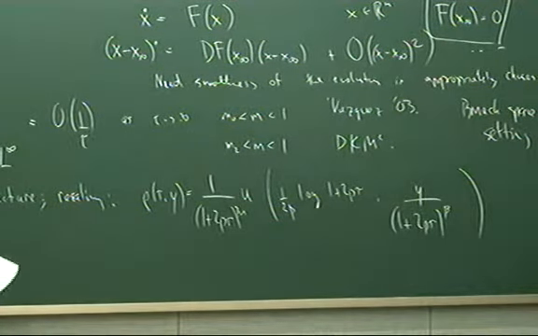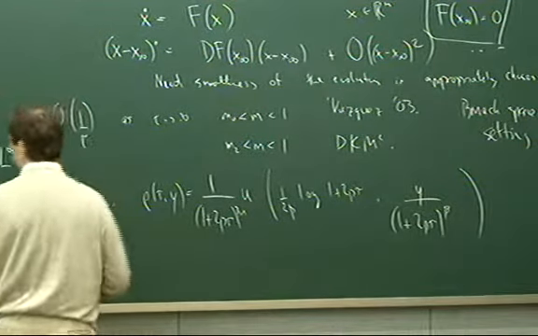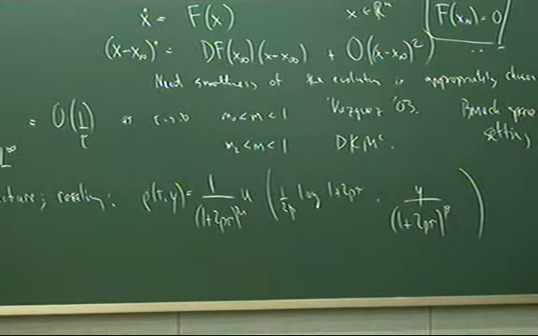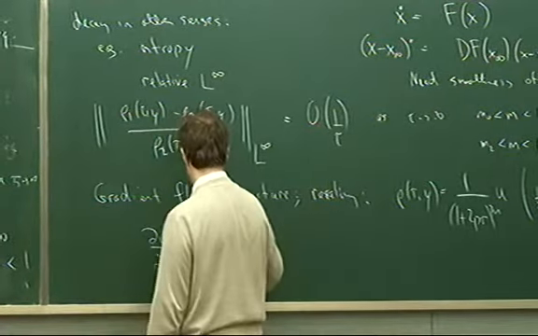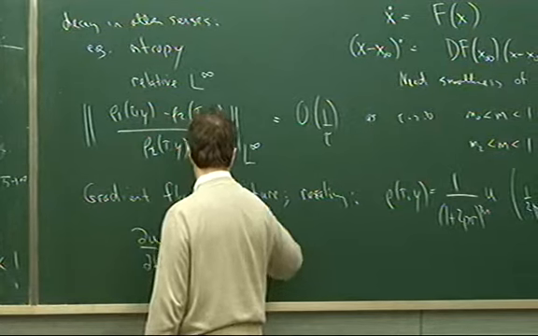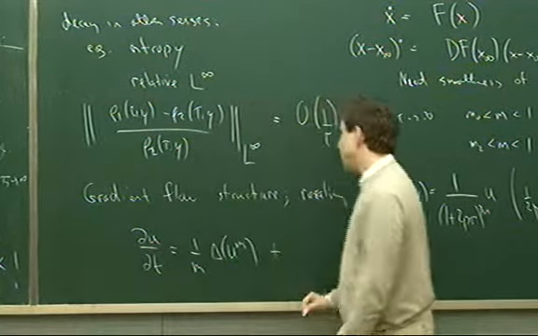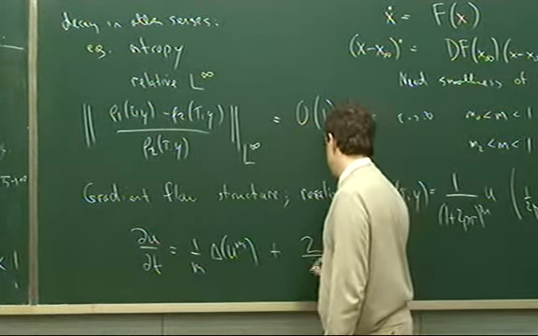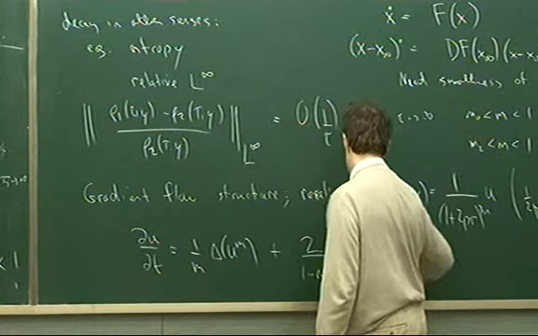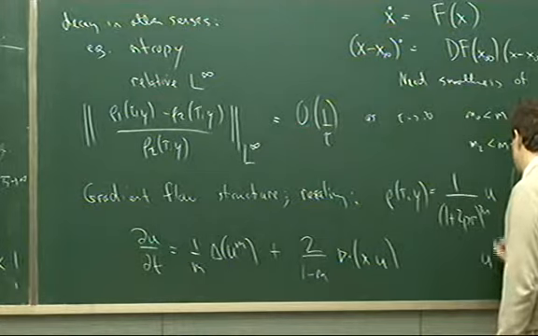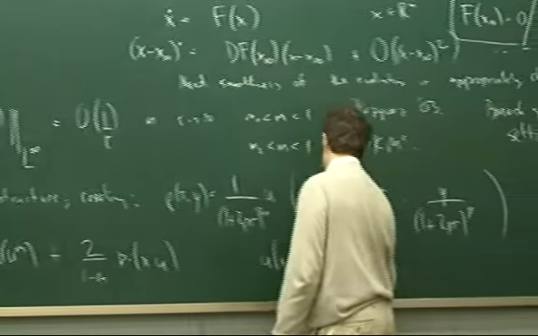And so if rho satisfies the original evolution, then u is well known to satisfy an evolution that looks just like the one we had before, except now there's this rescaling term. And now u is a function of x and t.